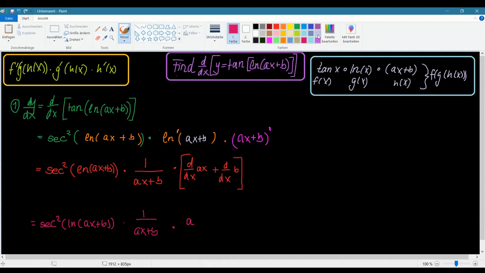So that makes our solution. We're going to put our solution up on the right hand side.